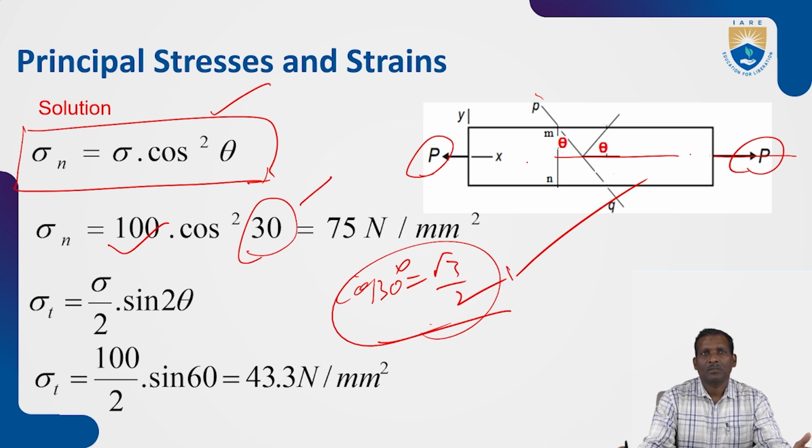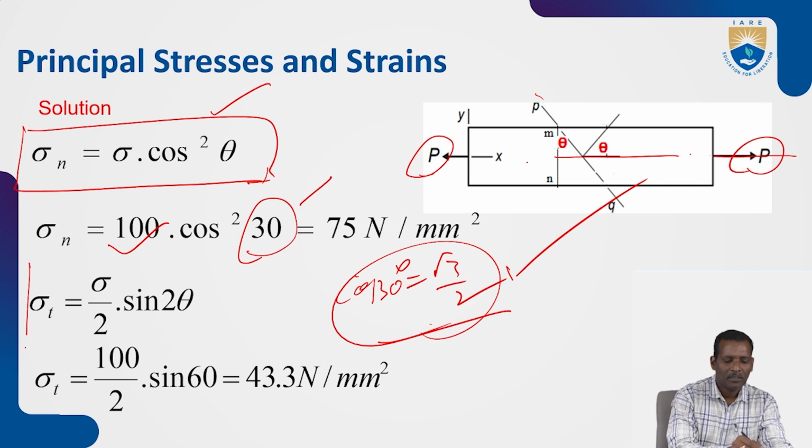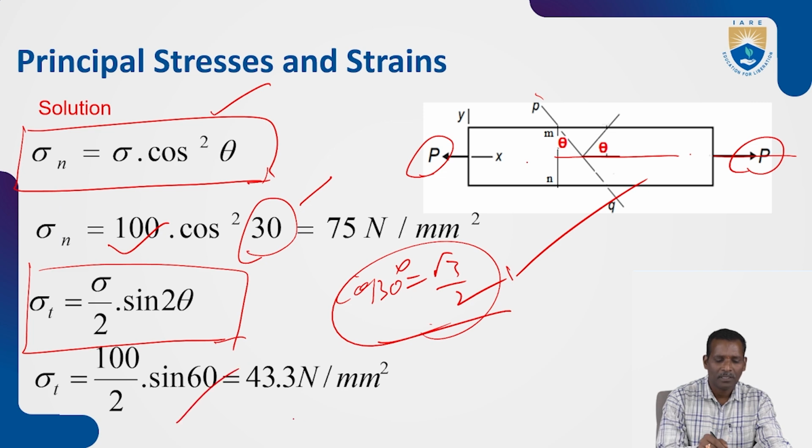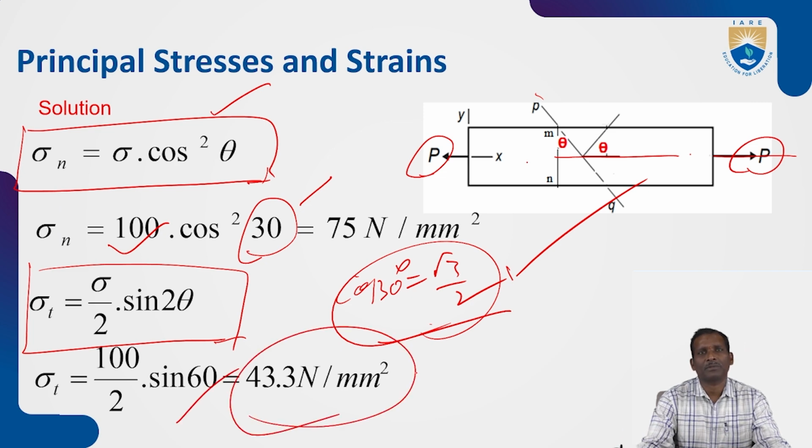Now the tangential stress along this plane is sigma by 2 into sine 2 theta. The sigma given is 100 Newton per mm square tensile stress, so 100 by 2 into sine 60, and sine 60 is root 3 by 2, giving 43.3 Newton per mm square.